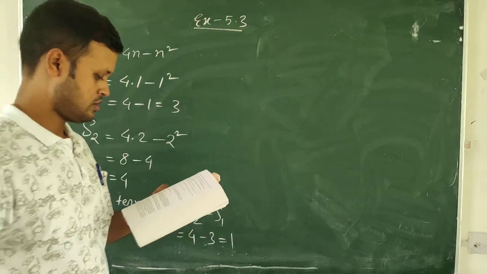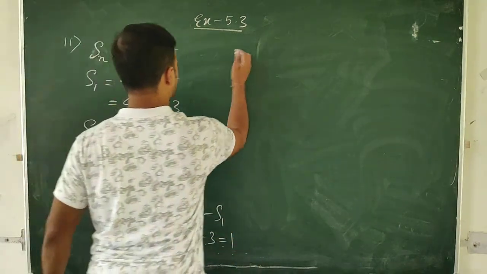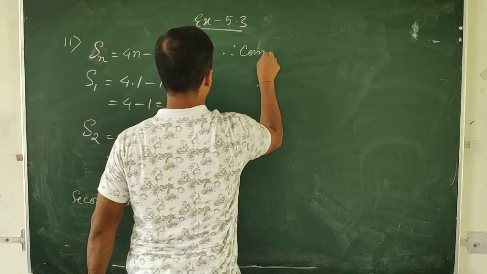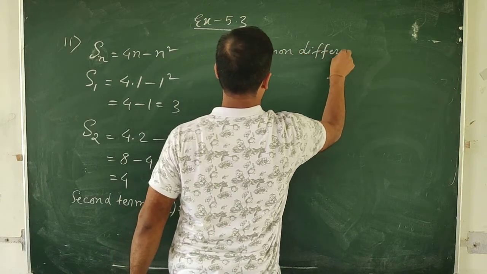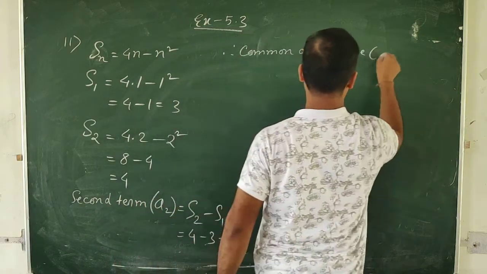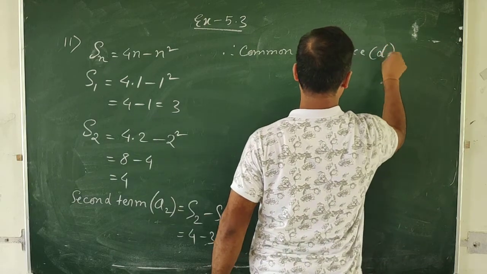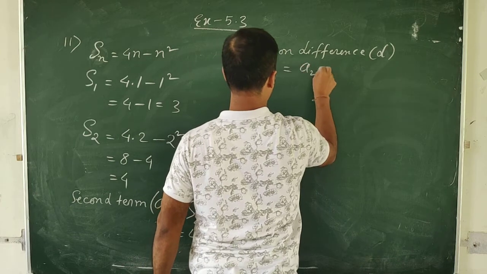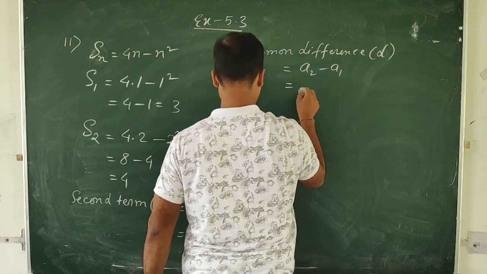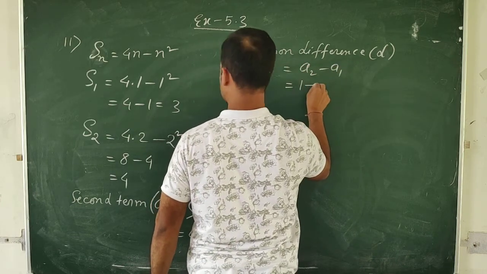Therefore the common difference D, how will you find it? Second term minus first term. What is the second term? 1. And what is the first term?